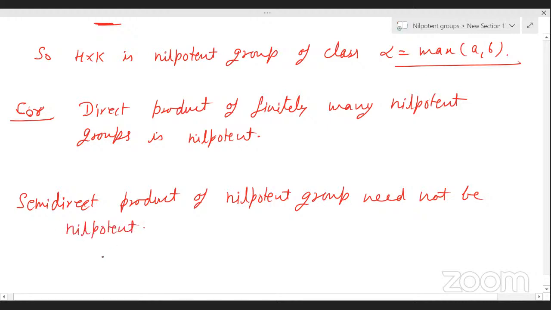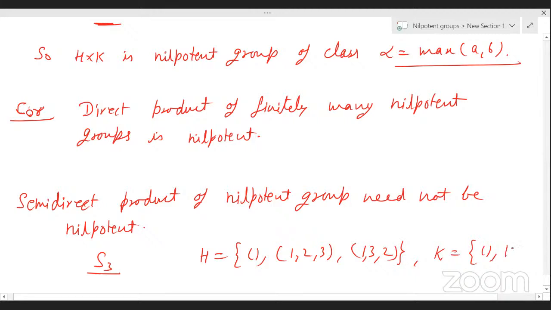For example, if you take S3, the symmetric group on 3 symbols, then you may take a subgroup of it, H, to be the identity permutation, (1 2 3) and (1 3 2). As you know, this is a normal subgroup of it, and take another subgroup K to be the identity and (1 2).